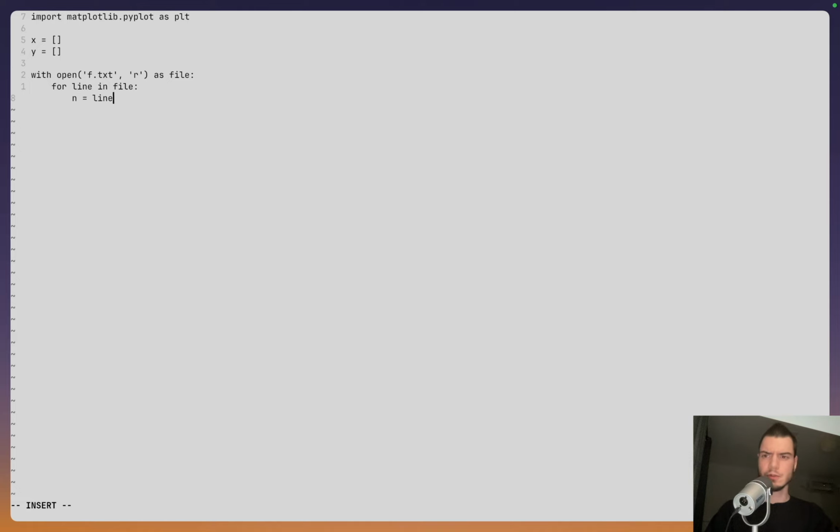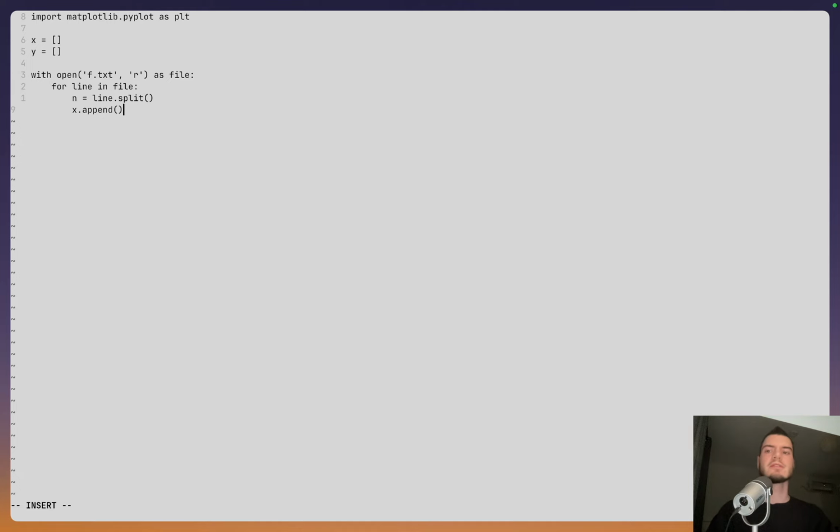So I'm just going to do line.split. And now I want to append to x that string before the space character, interpreted as a float. We're just going to create a float from that string.